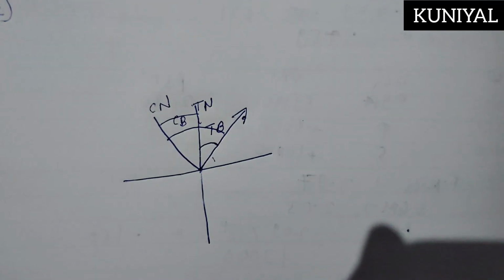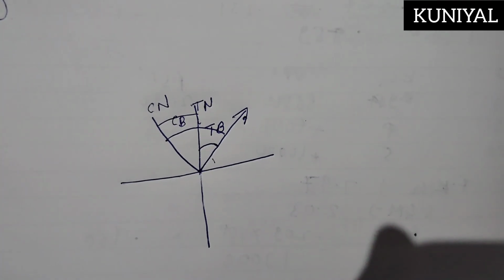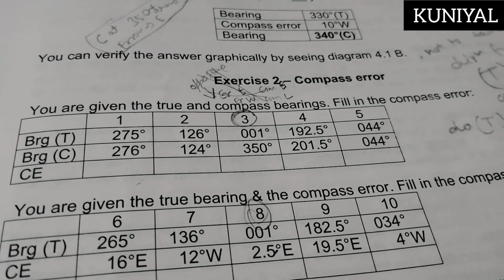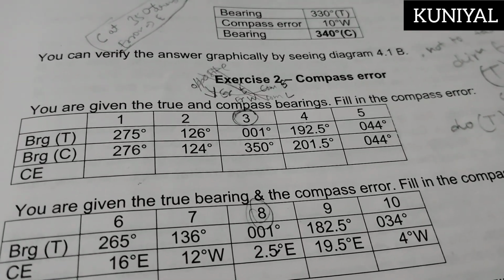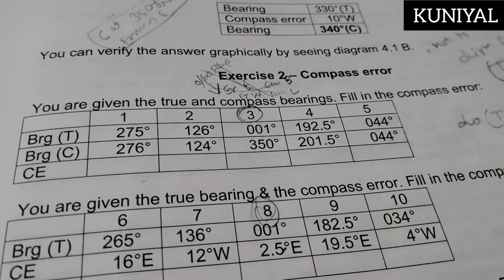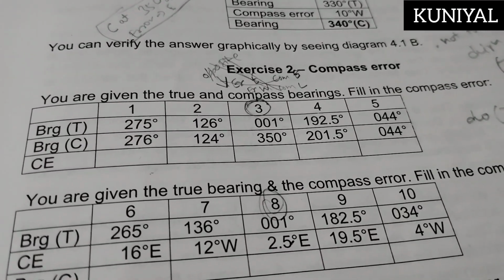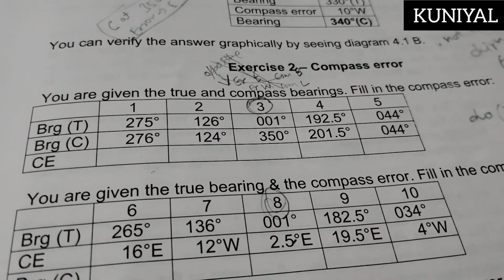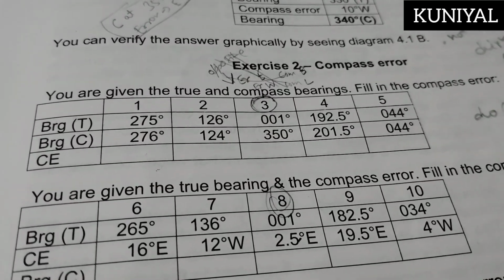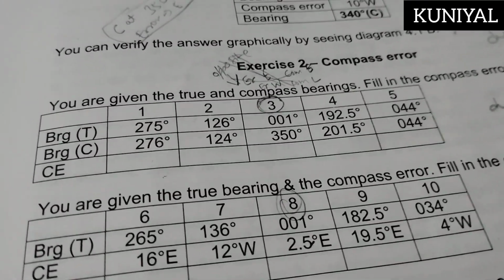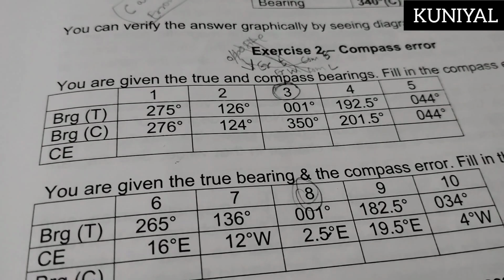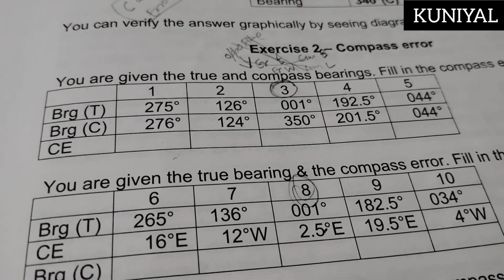Okay, let's start the new exercise. Exercise 2, compass error. In question number 1, we are given true bearing and compass bearing, and we have to find out compass error. You have two ways to find the solution.